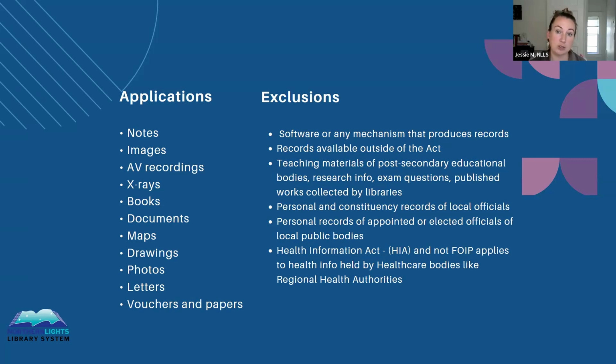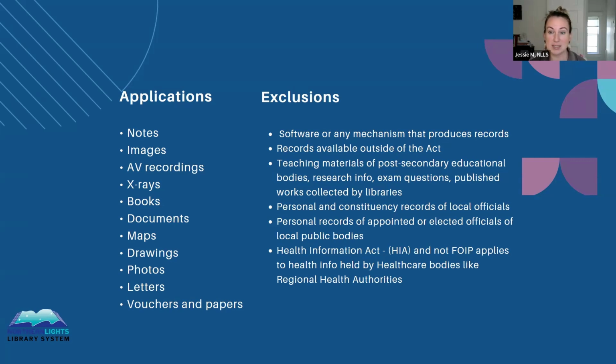So that might look like software or any mechanism that produces records. That could be records available outside of the Act, like registry, court records, judge records, personal notes, draft decisions. Could be teaching materials of post-secondary educational bodies, research information, exam questions, published works by libraries, personal or constituency records of local officials, personal records of appointed or elected officials of local public bodies.